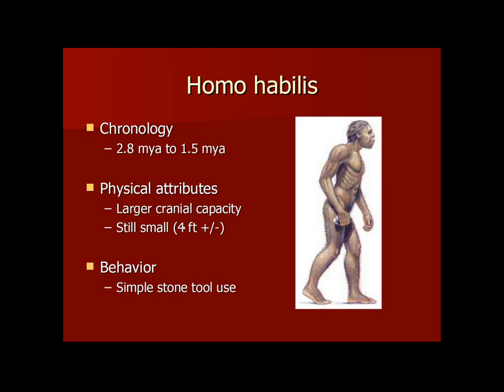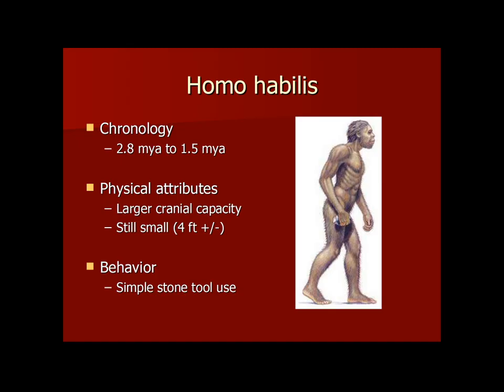All right, we want to get the term Oldowan tradition. That is the tradition of stone tool manufacture that's associated with Homo habilis. It is a core-flake technology. That's hyphenated, CORE hyphen FLAKE. That means they take a big rock, they start knocking flakes off of it to form small cutting tools like razor blades.